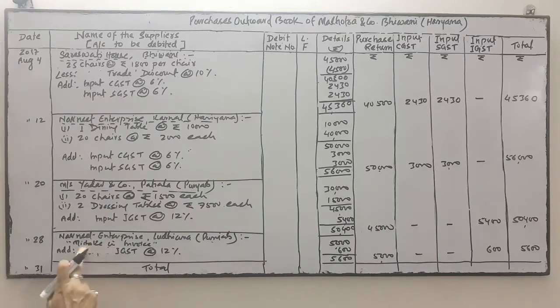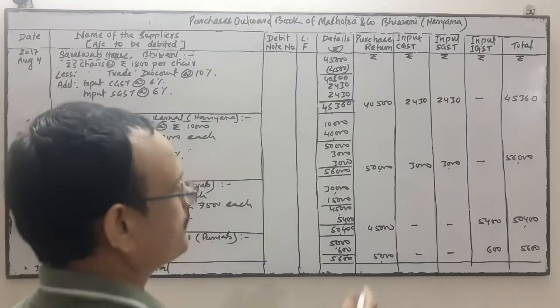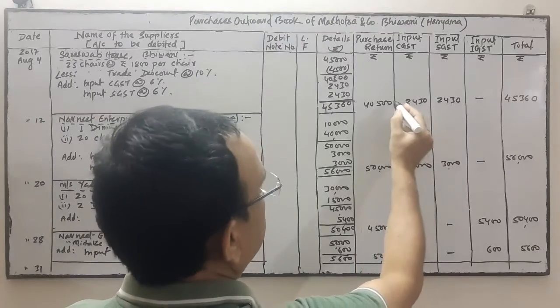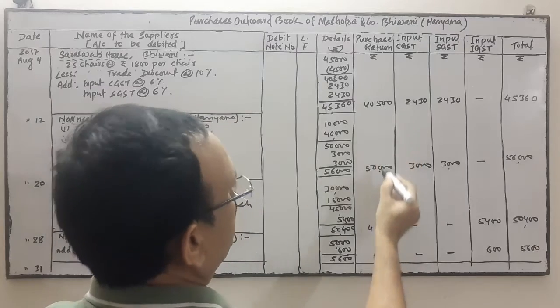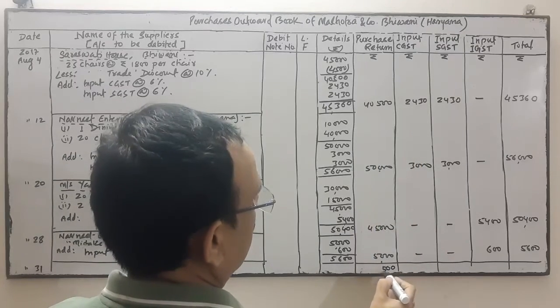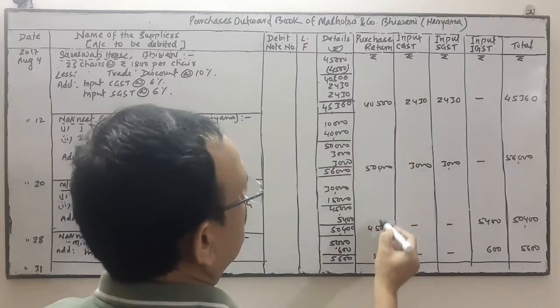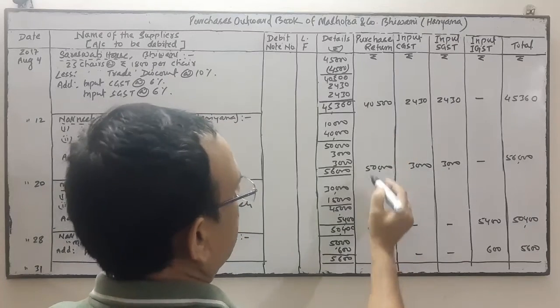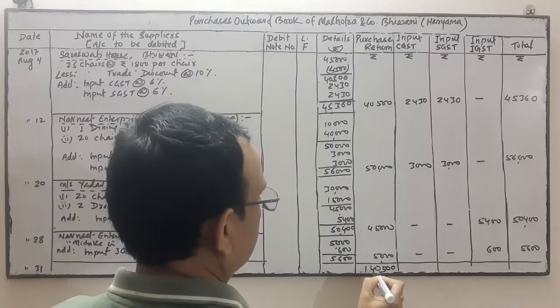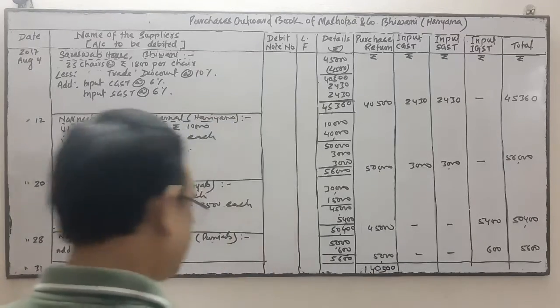Sorry, it is not output but input. So we'll do the total over here: 1,40,500.